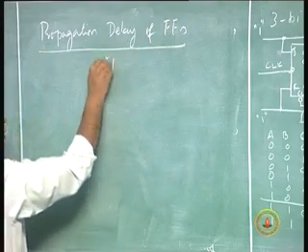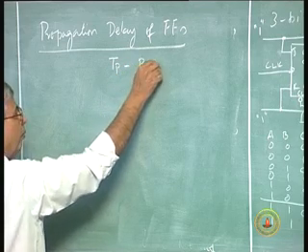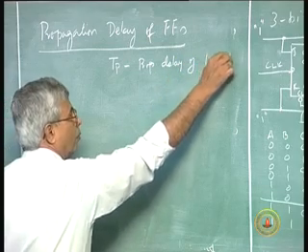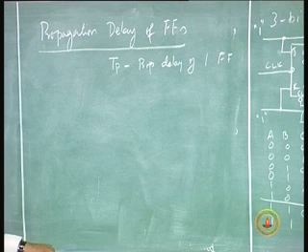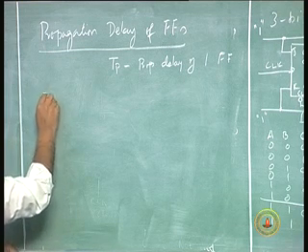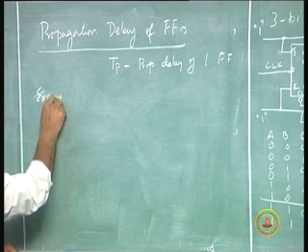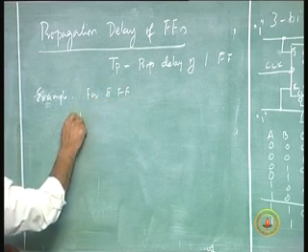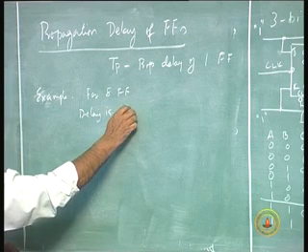Let us assume Tp to be the propagation delay of a single flip flop. So we have 8 flip flops, 2 power n, 2 power 8 for your 8 flip flops, as an example. For 8 flip flops, the delay is 8 Tp.